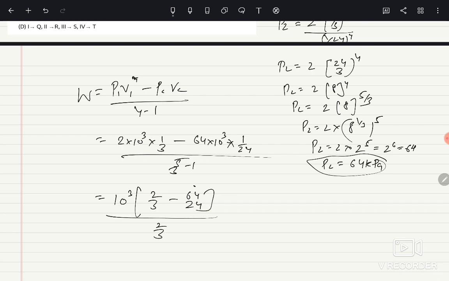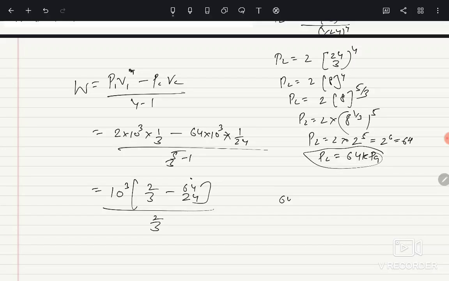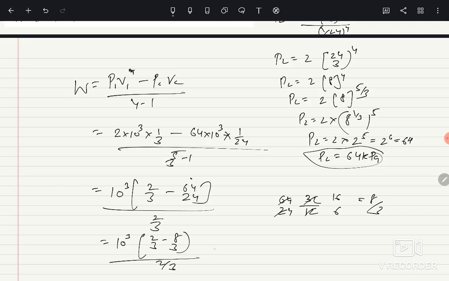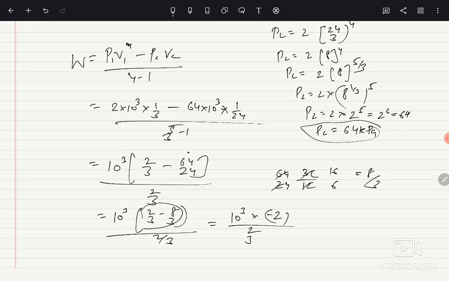Now 64 by 24, dividing by 8, gives 8 by 3. So we have 10 to the power 3 times (2 by 3 minus 8 by 3) upon 2 by 3. 2 by 3 minus 8 by 3 will give us minus 6 by 3, which is minus 2.